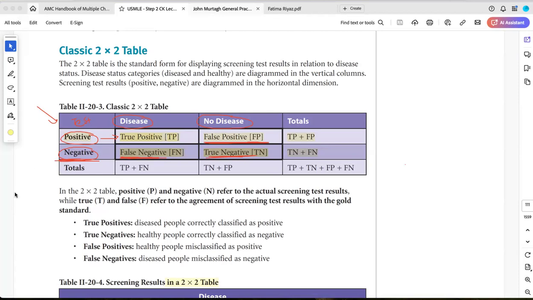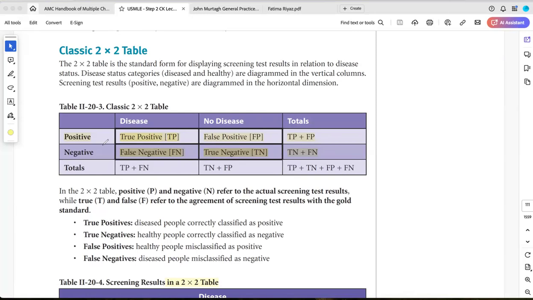So if you remember in this way, it is not very difficult. Otherwise, it can be. So first of all, we need to understand what is true positive, false positive, what is true negative, what is false negative. Does it make sense? Did you guys understand what I said about this? Great.